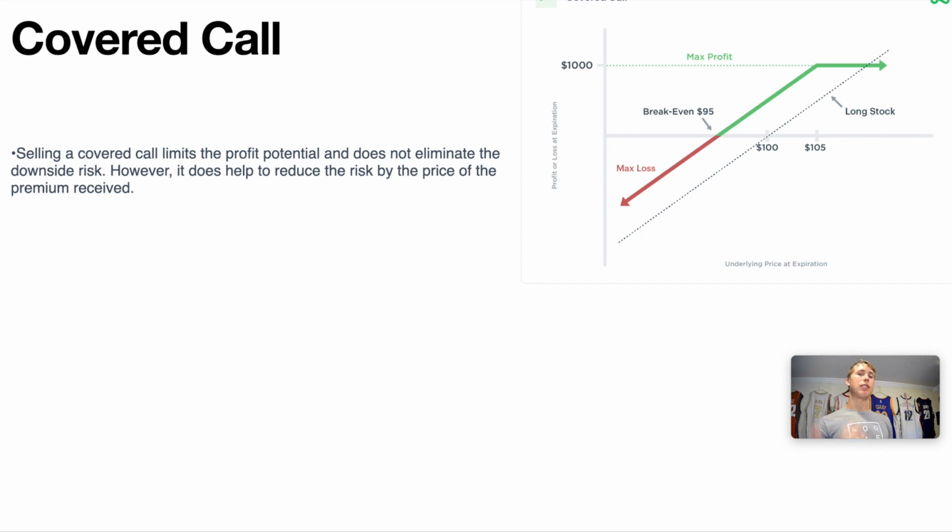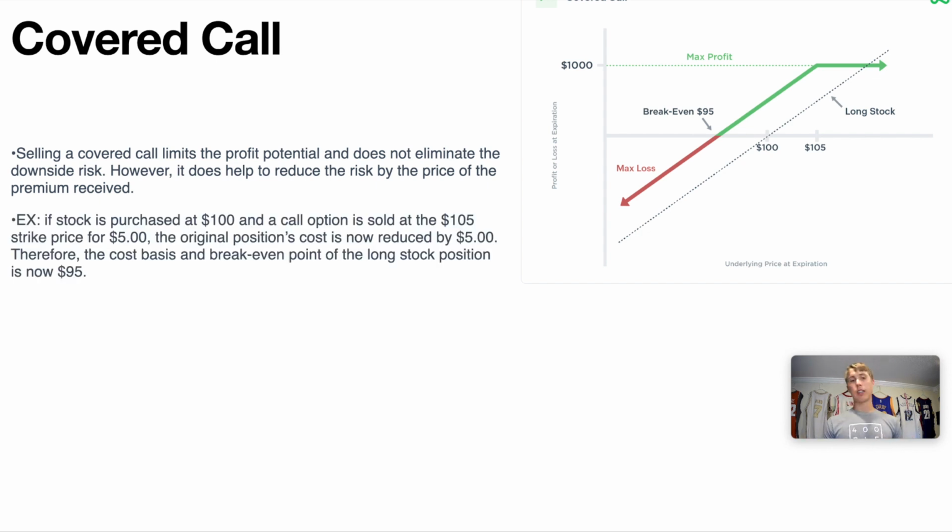So if I'm selling a covered call and they're paying me $5 for a stock that's worth $100, that means I'm profiting a 5% yield on the duration of that option. So if that option is for a week long, it means I'm profiting 5% in a week. And you multiply that by 52, that means the yield for that year, if you compound it, is probably about 400 to 500% APY.